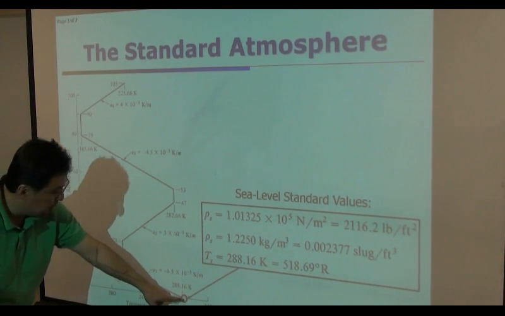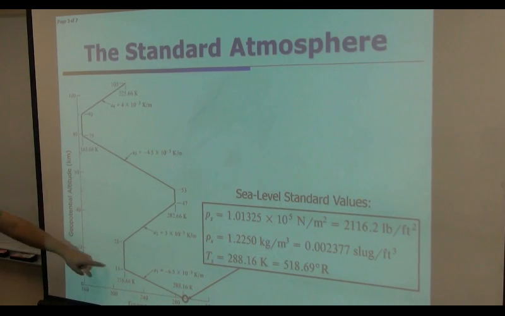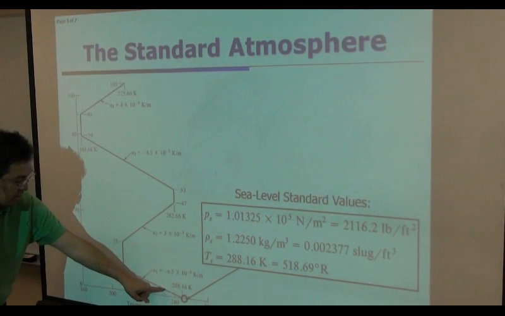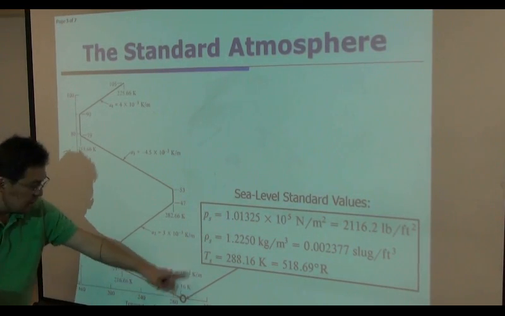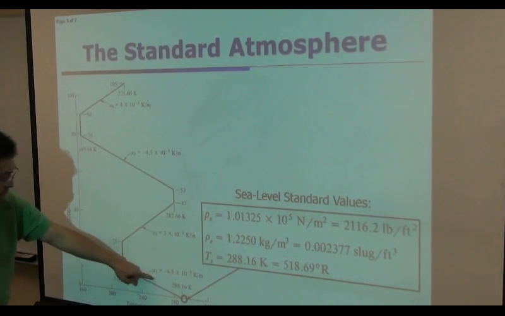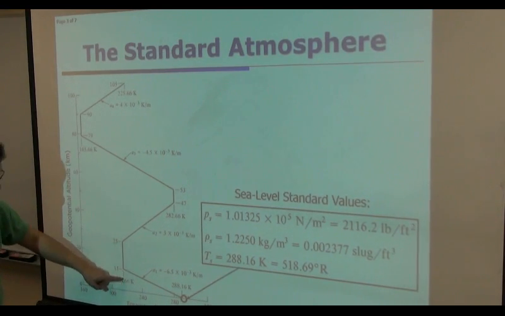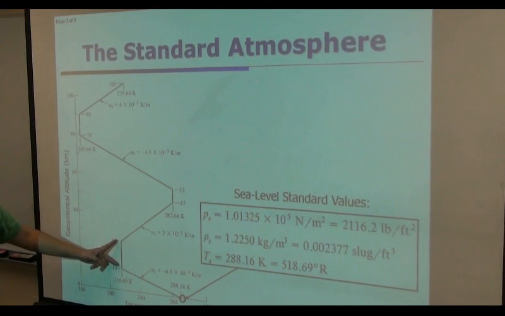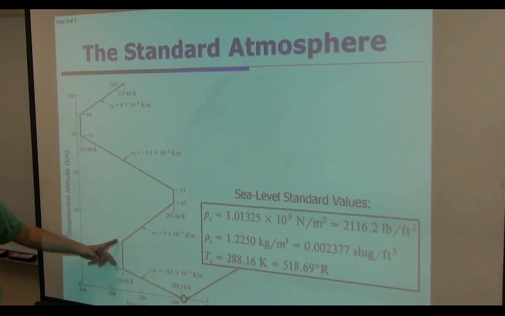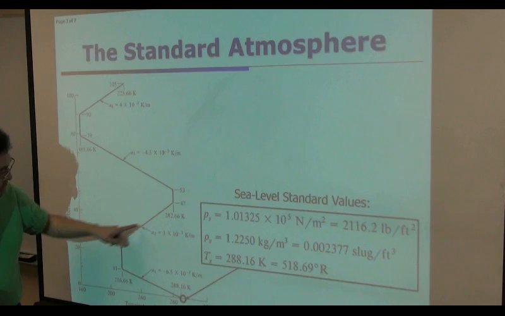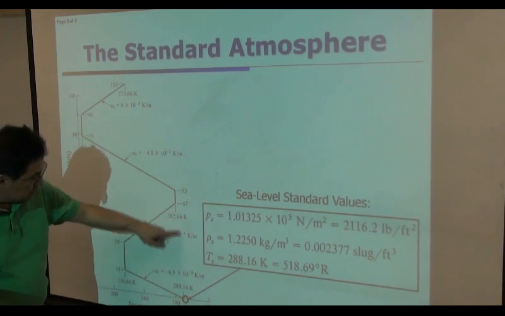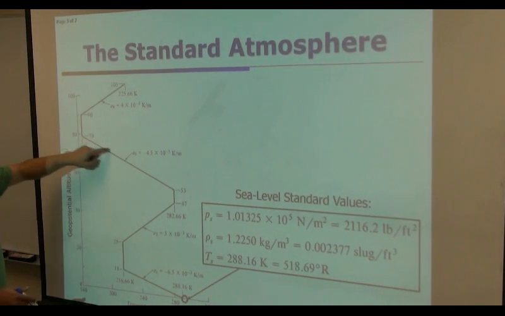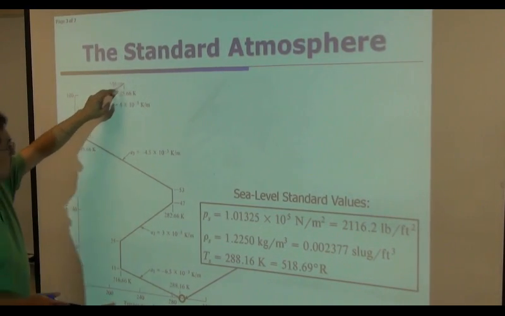Starting from sea level to 11 kilometer altitude, temperature begins to decrease as an almost linear function, with a slope A1, reaching a really low temperature. Then from here to there, it stays constant for a moment, and then begins to increase linearly, reaching this temperature, then stays constant for a moment, begins to decrease, stays constant, begins to increase.